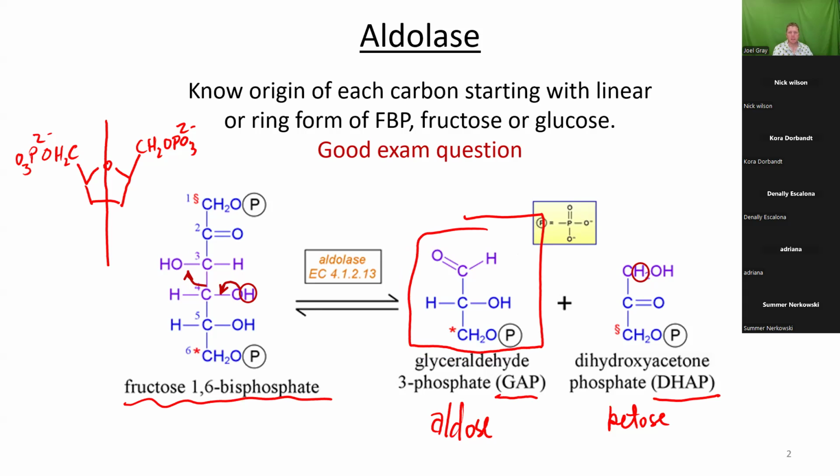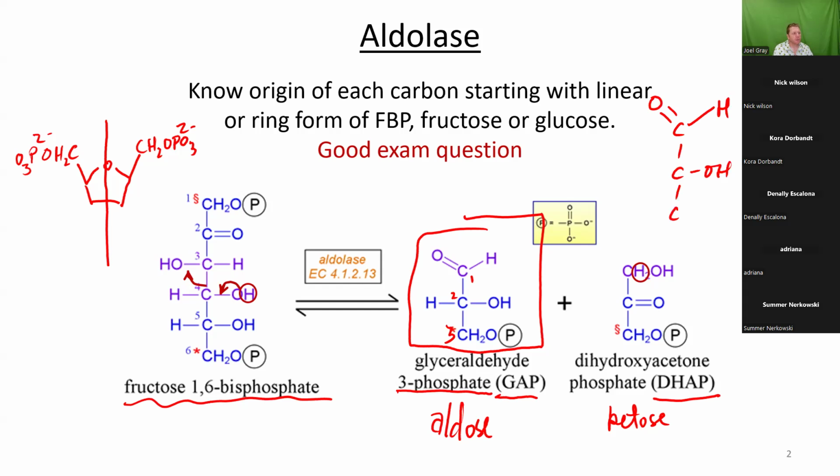Because I had almost neglected to think about this part of the molecule, 3-phosphate. That tells me information about this molecule. This is carbon 1, 2, and 3. So all that I was really looking for with that question was to draw this right here.